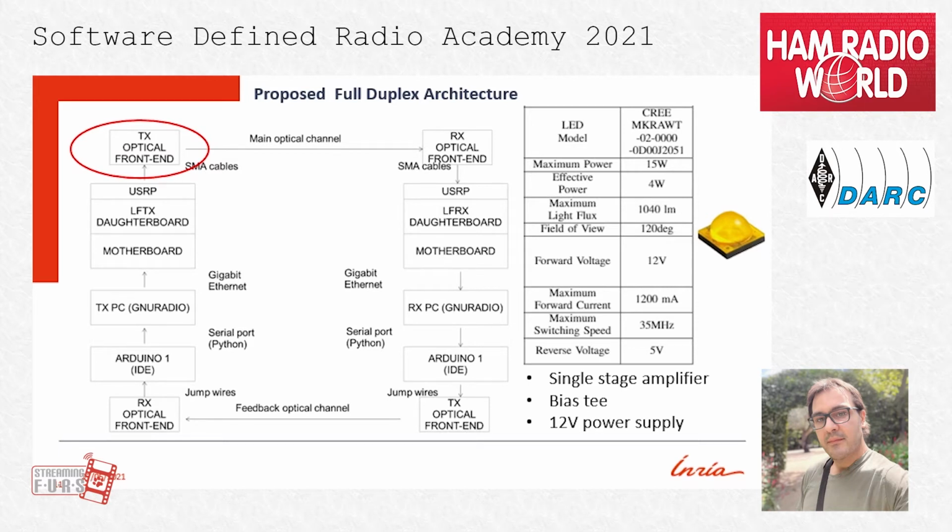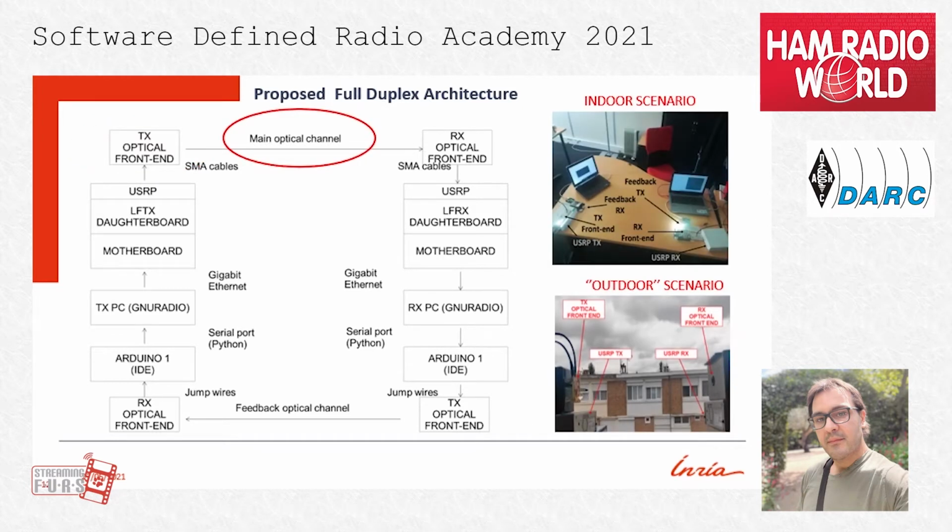And we also use an LED driver, which allows to modulate the signal, which is composed of a single stage amplifier, a boost, which is important for allowing the system to work in the correct dynamic of the USRP, which is between -1 and 1 volt. And without wasting power, because otherwise with the single LED we lose half of the power that we can manage. And we use a 12 volt power supply for feeding the LED.